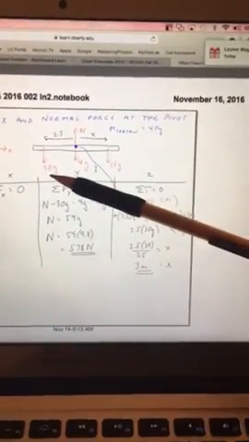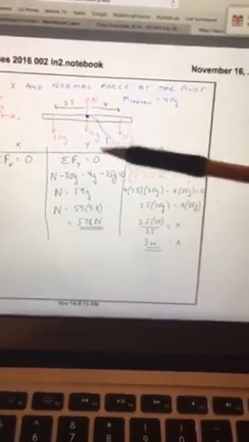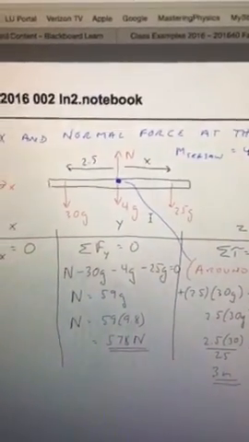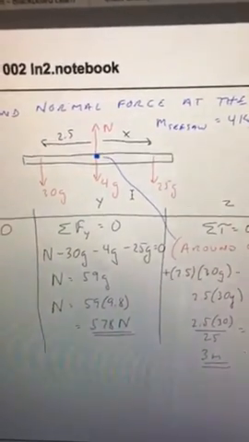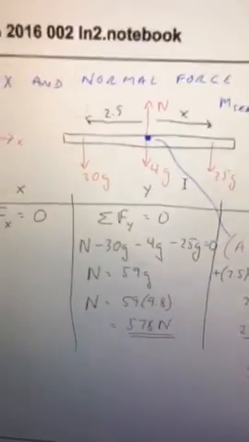So we know that N equals 30G plus 4G plus 25G, right? Because they're balanced. You just subtract them all to put them all on one side to set it equal to 0. That's where he got this from.